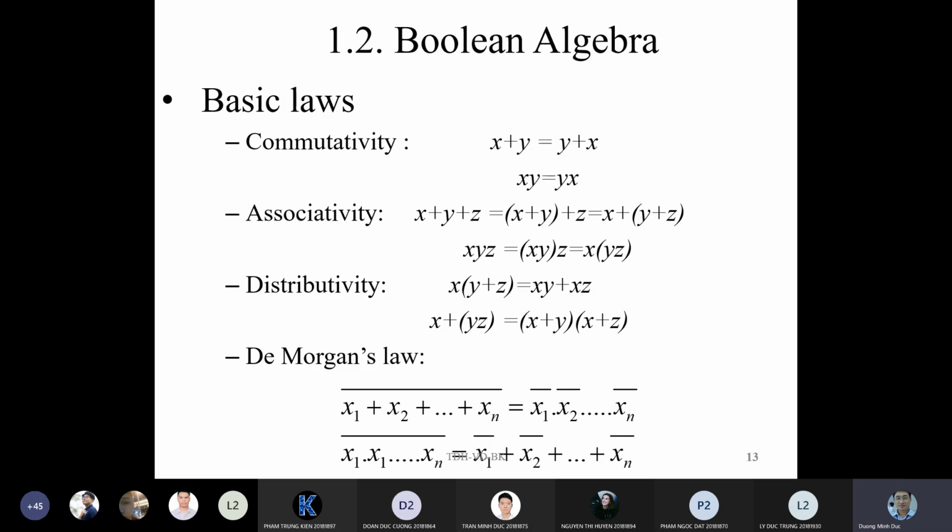Do you understand what I mean? Okay, Mr. Chung showed the way he proved the distributivity property. It's not wrong, it's right, but you must use something to prove itself.